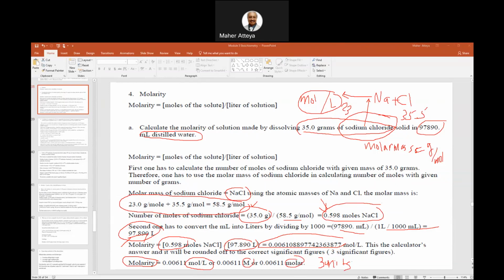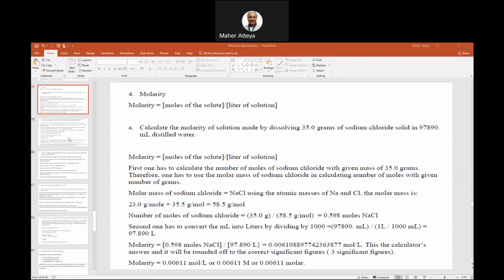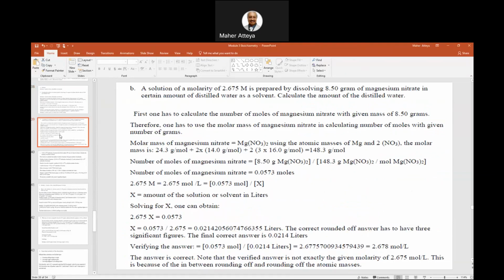So let's look at the molality now. The molality will be very similar, except we are dealing with kilograms, not liters. Now, this is another example of molarity. Because molarity is mole per liter, I can give you the moles and liters, and you can calculate the molarity, correct?